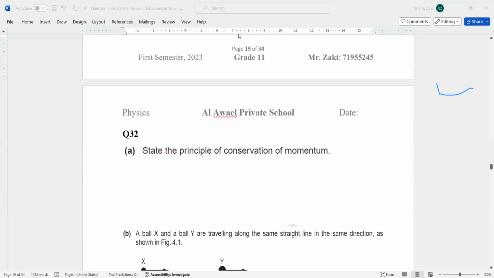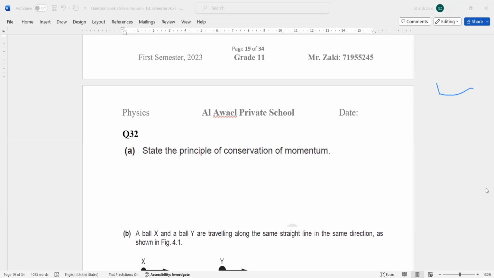What is the conservation of momentum? Who can remind me? Principle of conservation of momentum. Who can tell me? Do you remember this one? Who can write this? Okay.